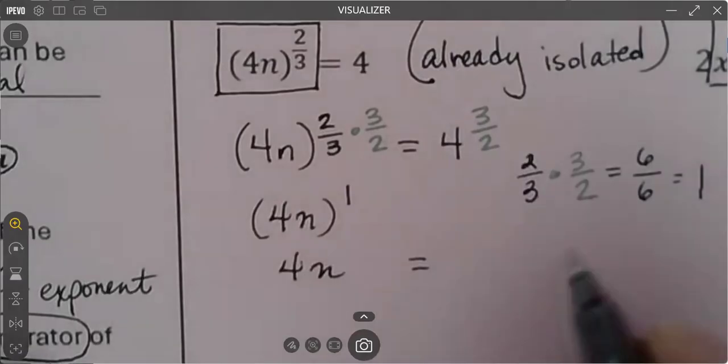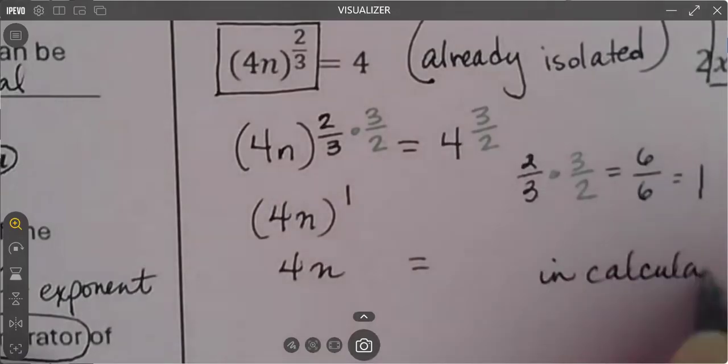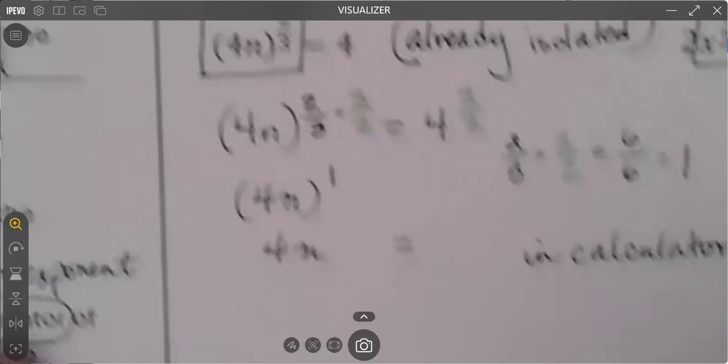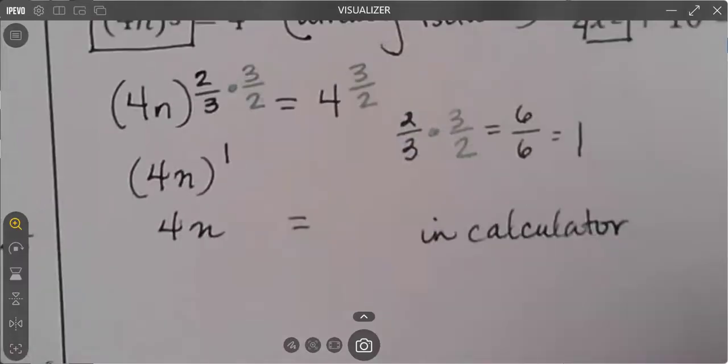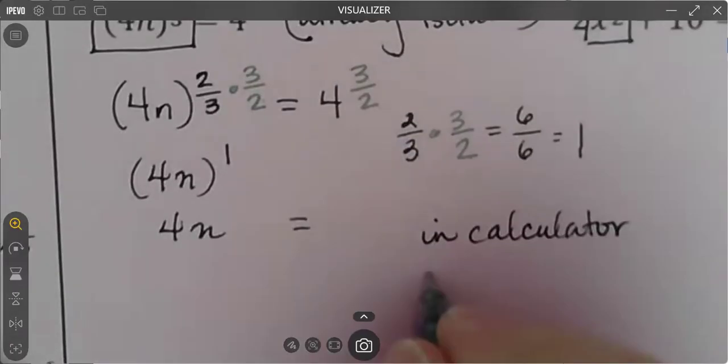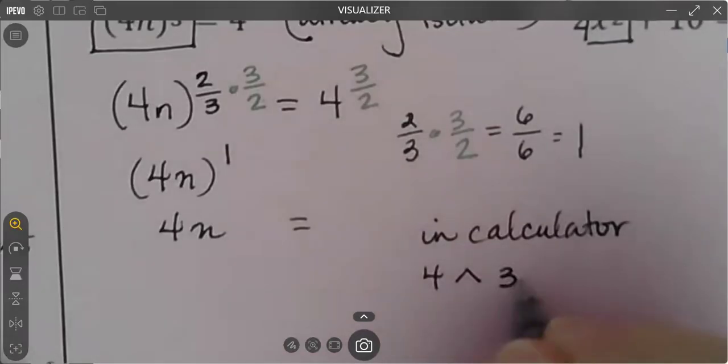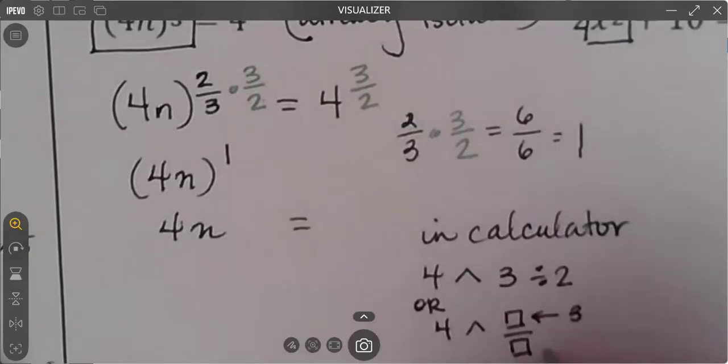You can do 4 caret 3 divided by 2, or 4 caret, some of you like to use the fraction key, and that's fine. The numerator is 3, the denominator is 2.